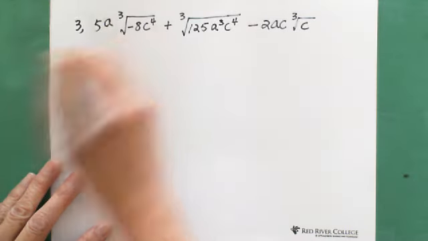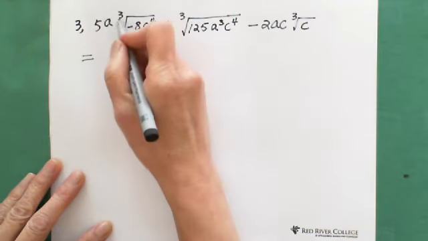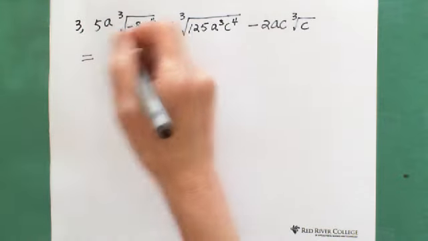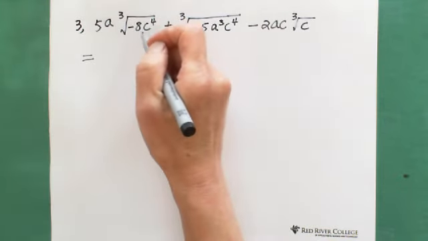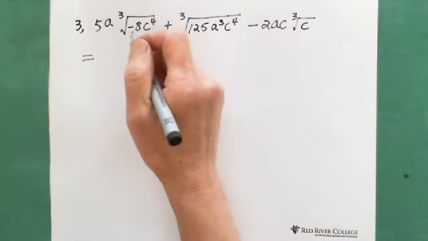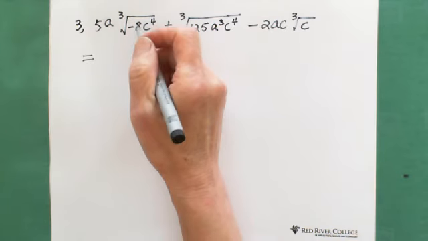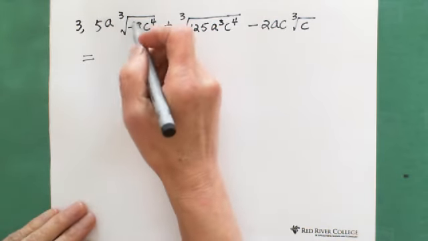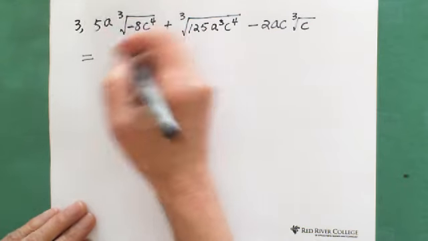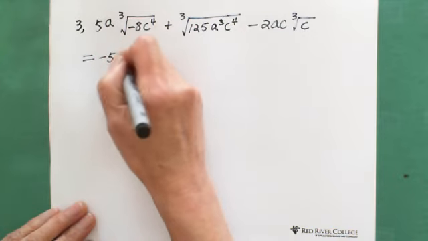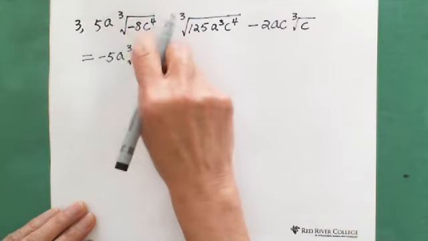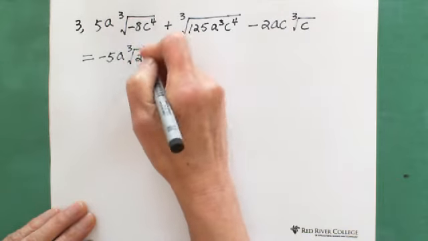We simplify the radical first. Inside the cube root can be negative, because negative 8 is negative 2 multiplied by negative 2 multiplied by another negative 2, right? Under a cube root the negative is okay, so we first pull the negative out, becoming negative 5a. We do the inside with a positive number, and 8 equals 2 cubed, 2 times 2 times 2.